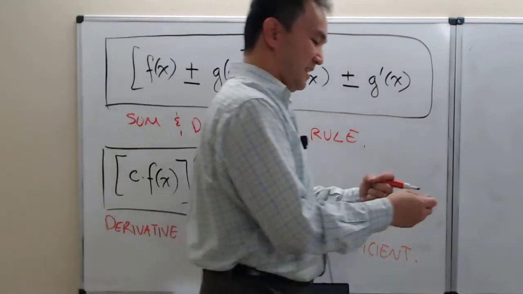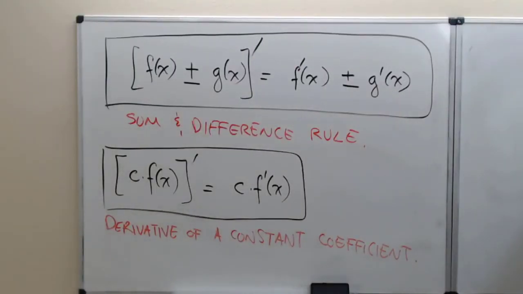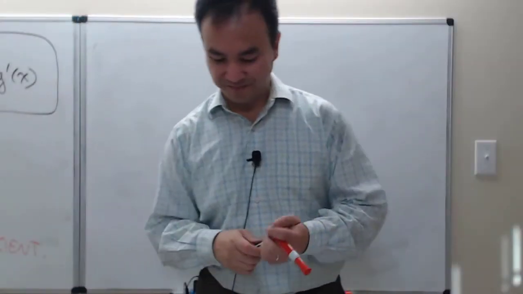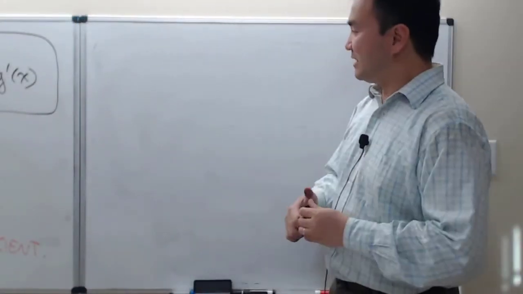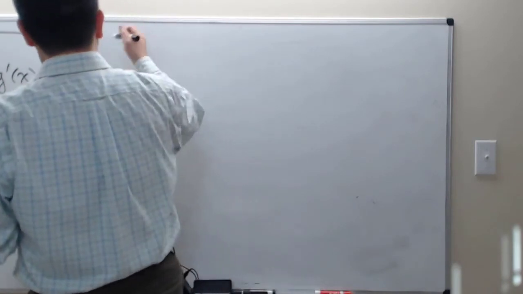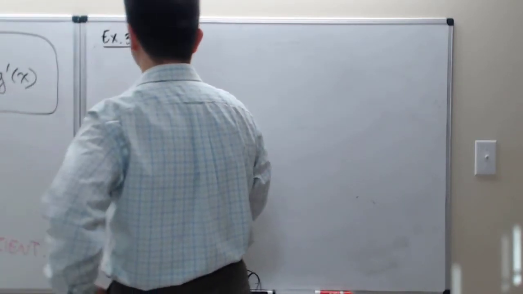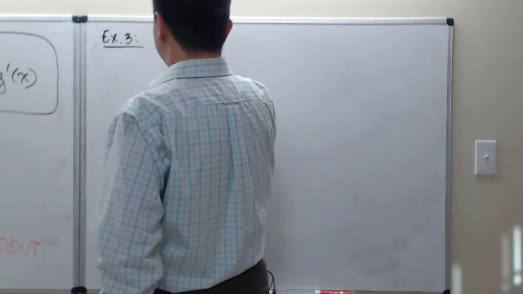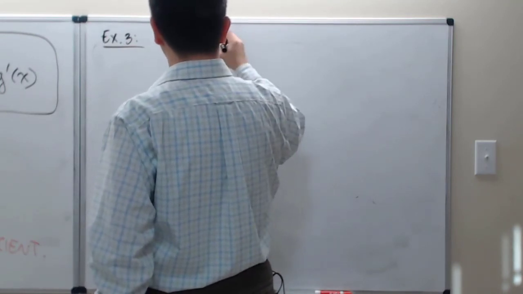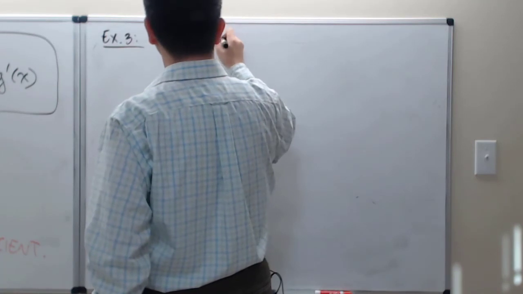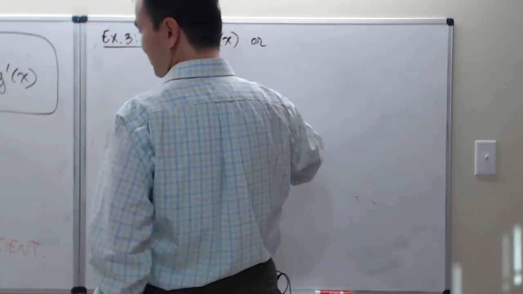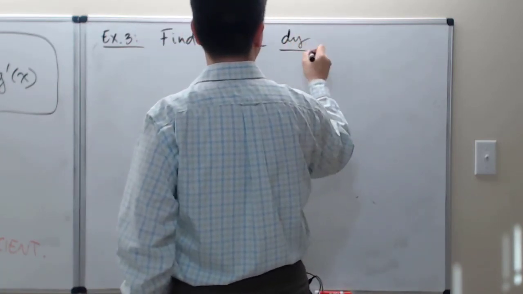Now let's dive into some more examples. I am going to continue with example 3 right here. Let's find again f prime of x or dy dx.